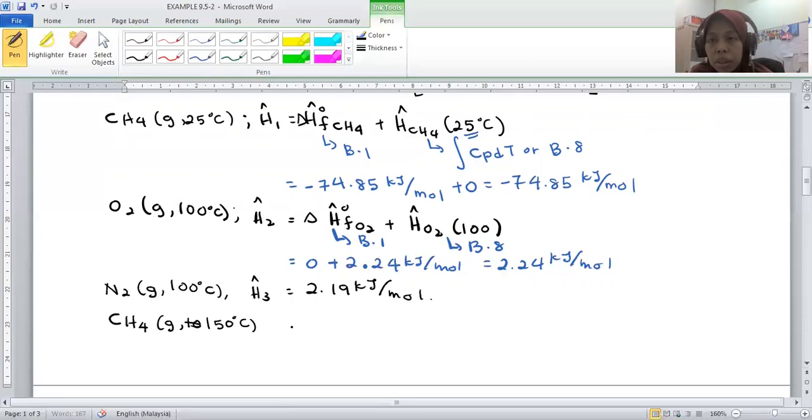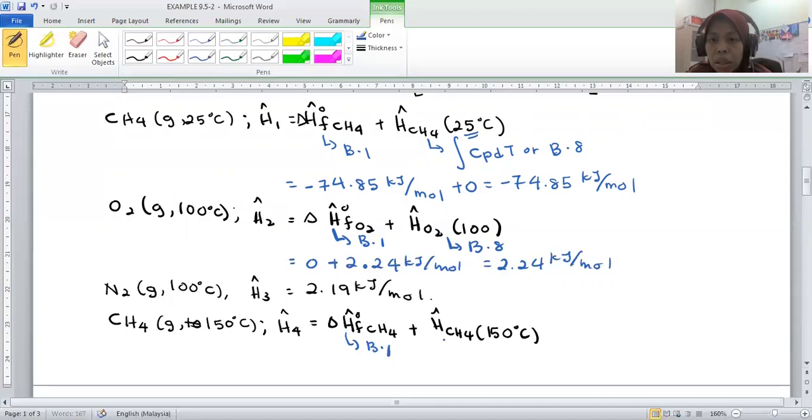The outlet temperature for the products is 150 degrees C. So noted as H. Just now in the steam table, so it equals the change of HF standard for the formation of methane plus the specific heat of methane at 150 degrees C. So this one is from table B1. You can take directly.